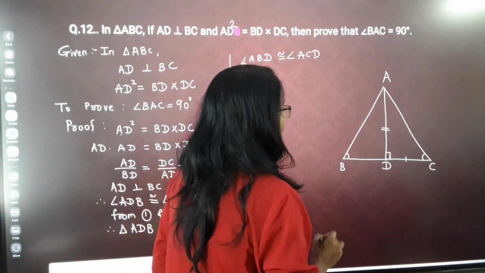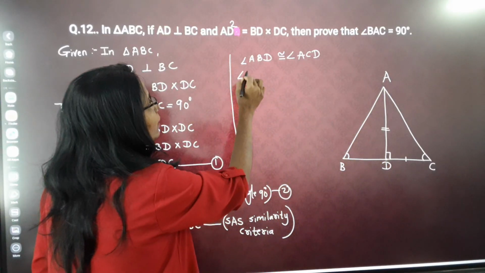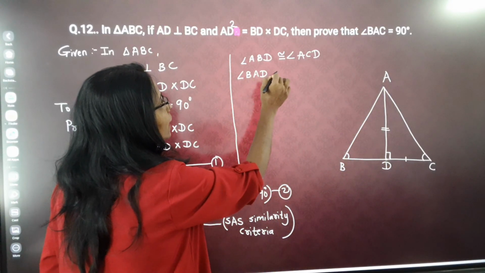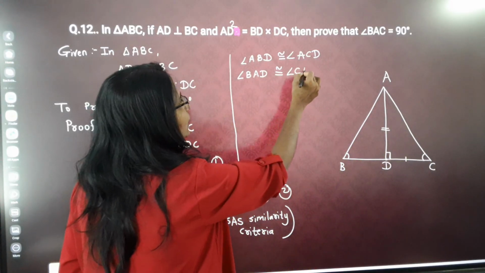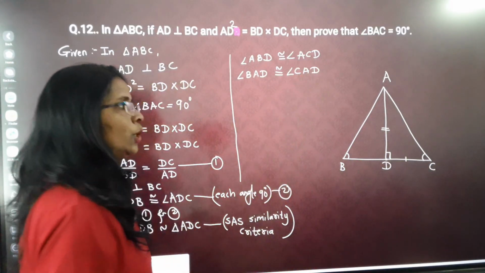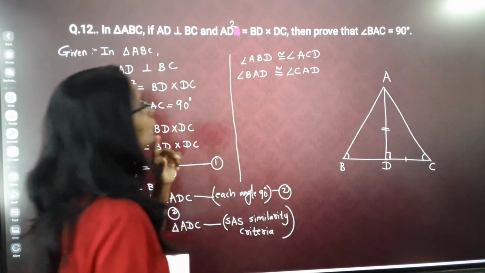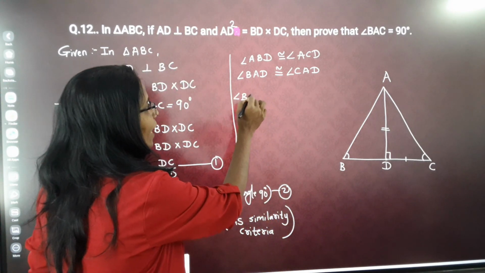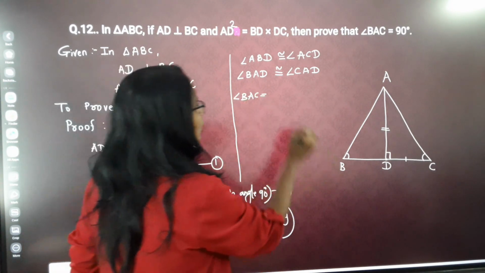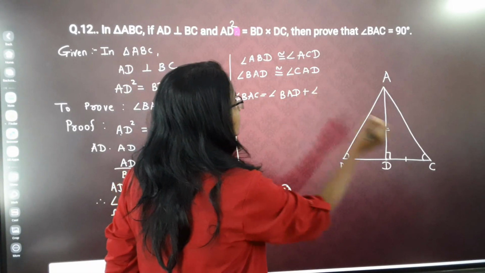And angle BAD is congruent to angle CAD also. Now, students, we have to find out angle BAC. So I write angle BAC is equal to angle BAD plus angle CAD.